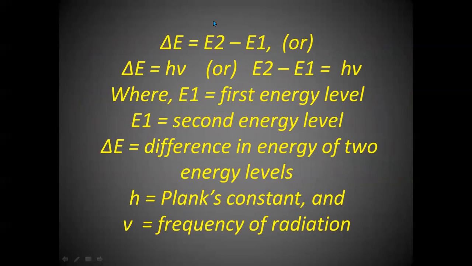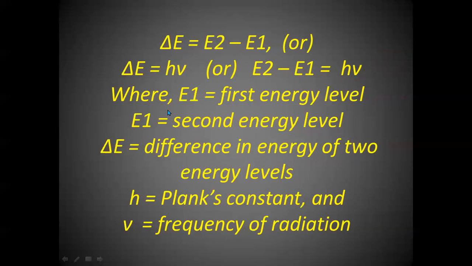The difference in E2 and E1 is given as delta E, and it is given by h nu. Therefore, delta E is equal to E2 minus E1, which is equal to h nu. Here, h is called Planck's constant, and nu is the frequency of radiations which are either emitted or absorbed by the body.